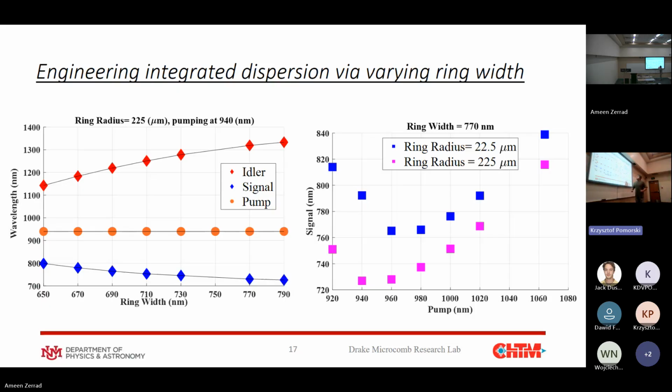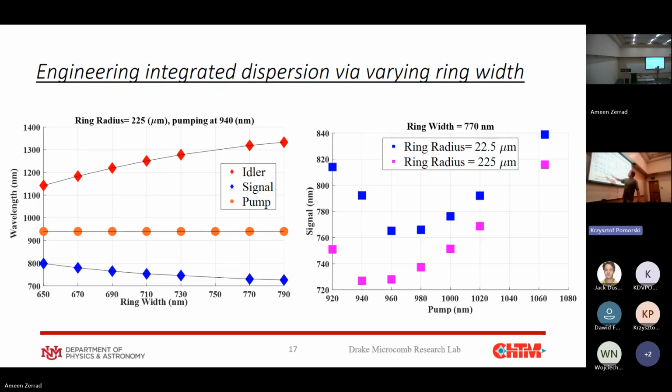And so as you can see, when you change the ring width, you modify the effective index of refraction. That means you've gotten a different integrated dispersion, which means that you have a different mode of spectral translation. So what the ring width allows you to do is finely tune your signal and idler frequencies. And these are great because, as you can see here, we can produce signal frequencies anywhere between 800 nanometers to roughly 720 nanometers.